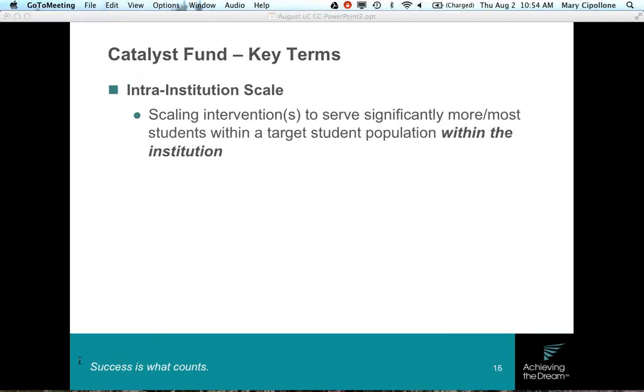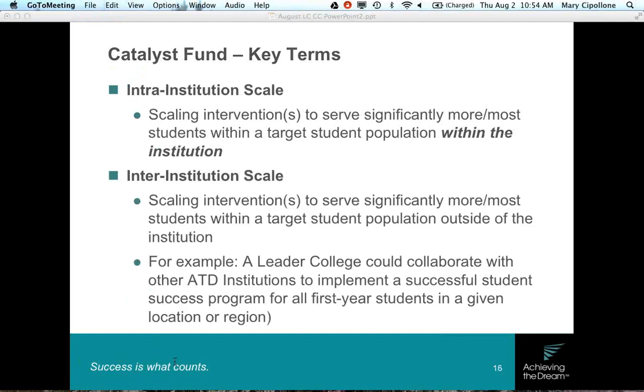Inter-institution scale refers to scaling with other Achieving the Dream institutions to expand the successful intervention to these other colleges, or even within an entire region or state. Inter-institution scale is not limited to those colleges that are already serving most students, or more than 60% of students within a target population.